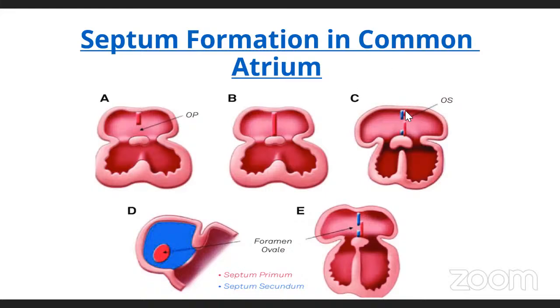It's blocked, and there is still a little space here, as you can see, between the septum secundum and the ostium secundum, which is called the foramen ovale. And eventually we have the right atrium and left atrium.